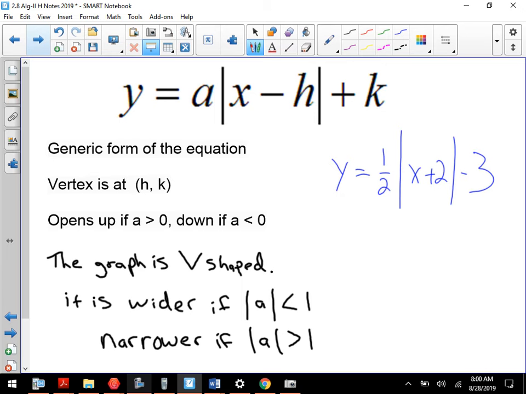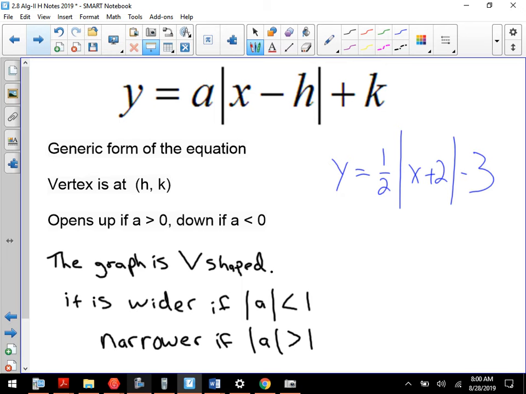The A value tells you what direction it's going to go. If your A values are positive, your V's are up. If the A values are negative, your V's are down. The A value also denotes slope. One of them will be positive, one will be negative. If they're up, the one on the right is the positive, the one on the left is the negative. If they're negative, it's just reversed. Okay? The H and the K then tell you where to start. The H and the K become what we call the vertex of the absolute value graph.